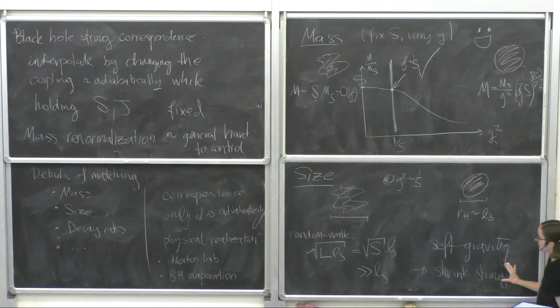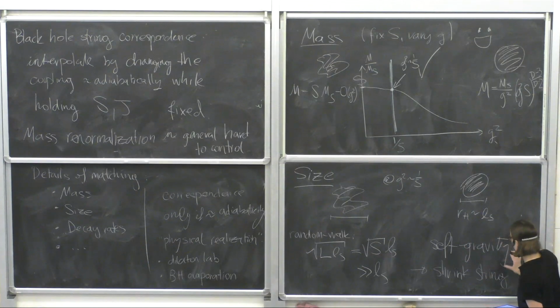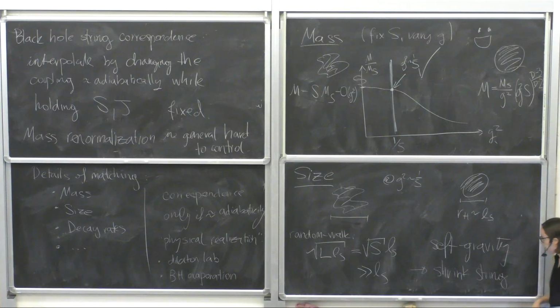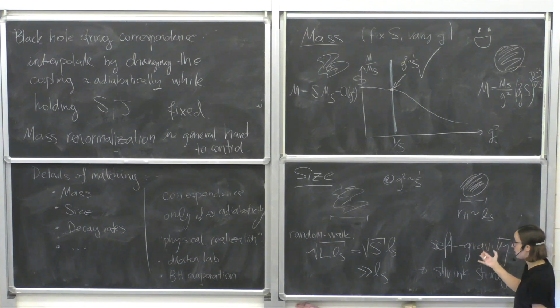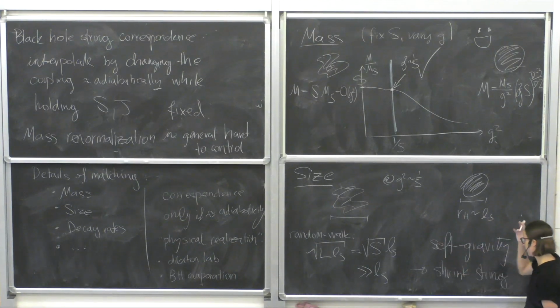We will not talk about that. We will not talk about self-gravity in this lecture. They have come up with some model, which goes under the name of thermal scalar, and it would take too much time to discuss that. We will also not actually include self-gravity when we go to rotating strings. So that's why I cut that out. But you can go to the paper and read it up.